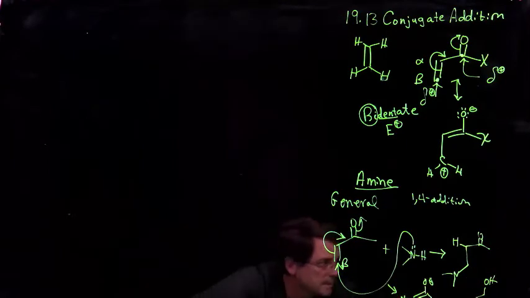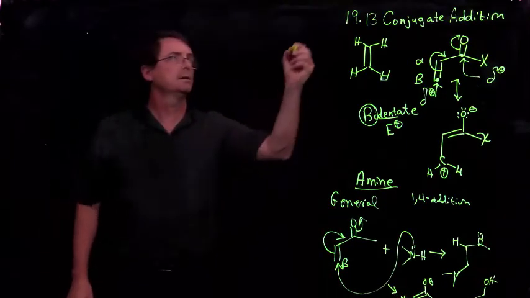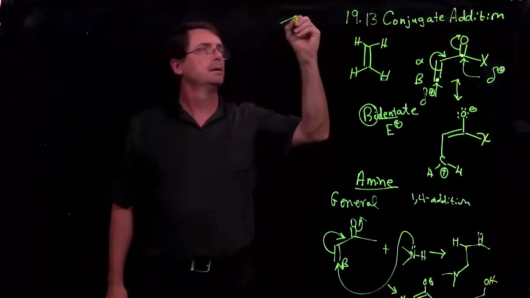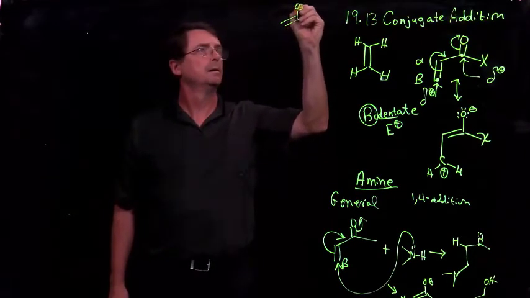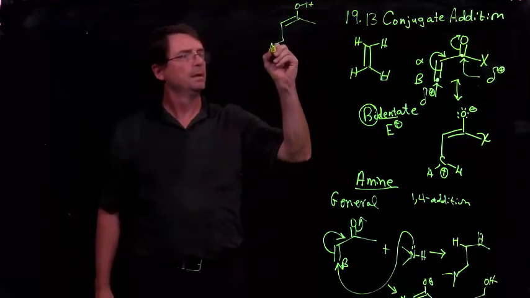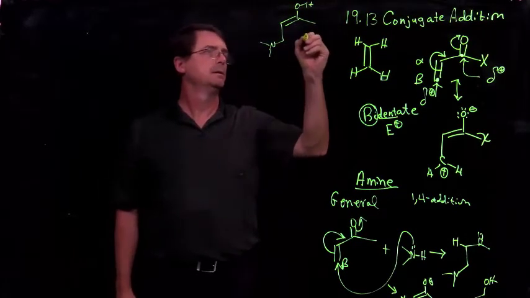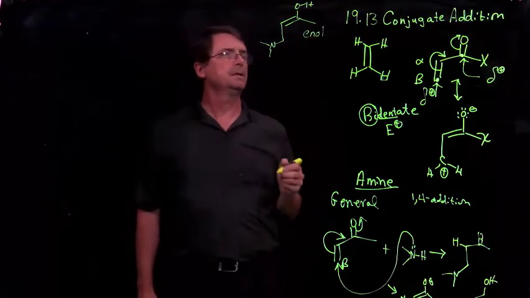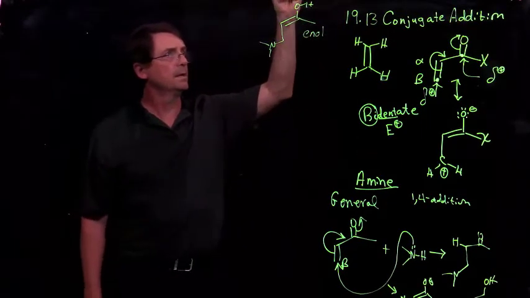I don't think you can see that. I'm going to have to move it over here, put it close by. We make this enol form. Now you've seen the enamine already.